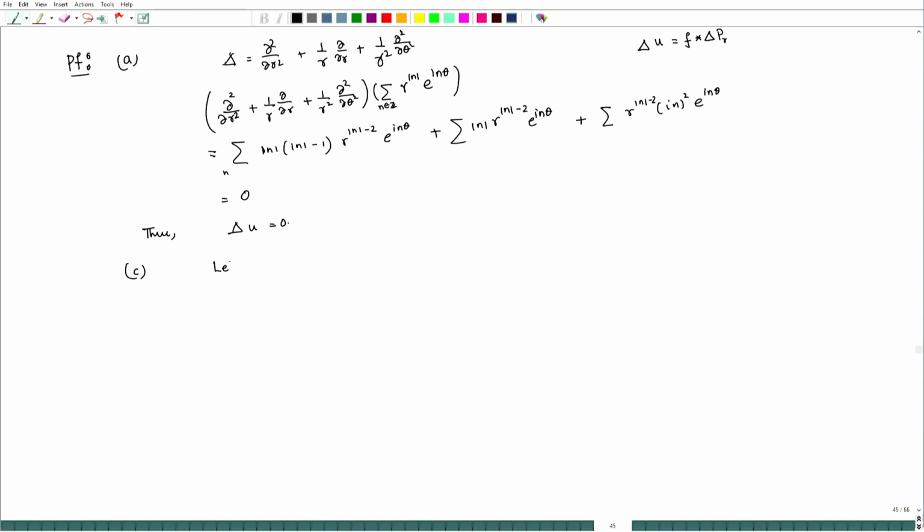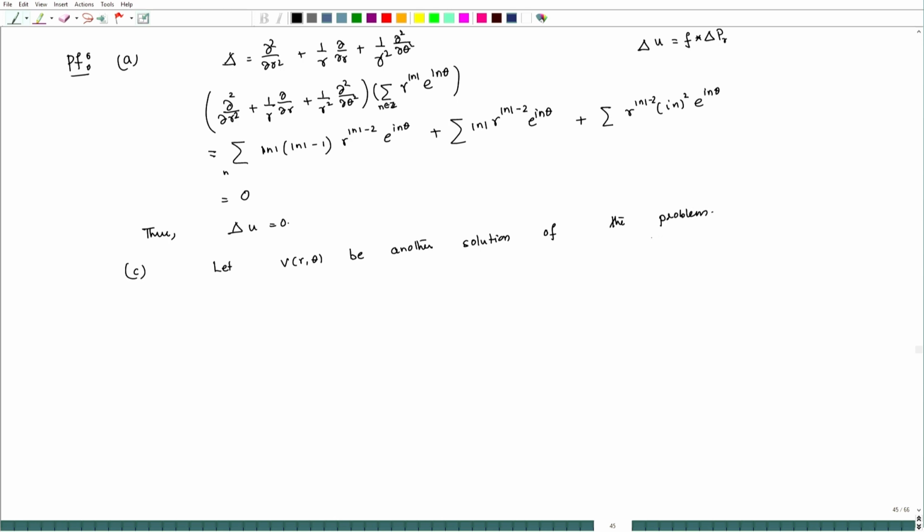Let V(r, θ) be another solution of the problem.